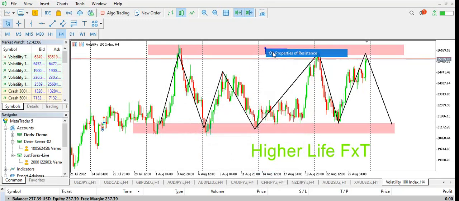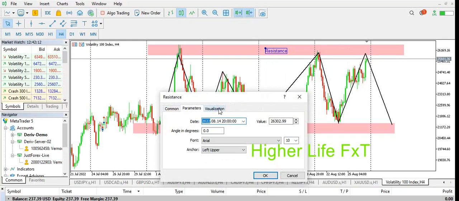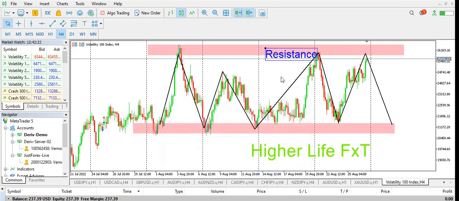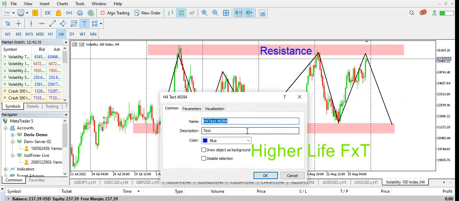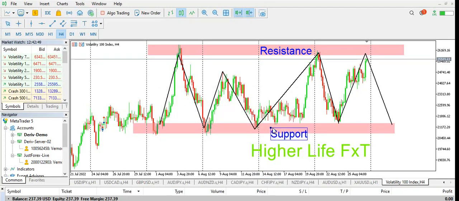This is the resistance area. So we are going to have an expectation that price is going to bounce in this area, and once price bounces in this area, it is going to go back to a place of support, which is this pink rectangle below.